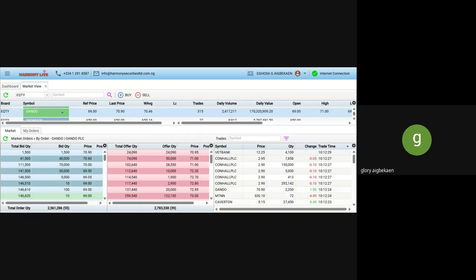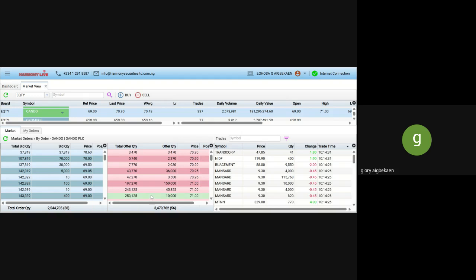The bids are the ones you are seeing here, and the offers are the ones you are seeing here. So I want to refresh again to be able to view the table again. The current position now for Ohano is a bid of 2.5 million units.